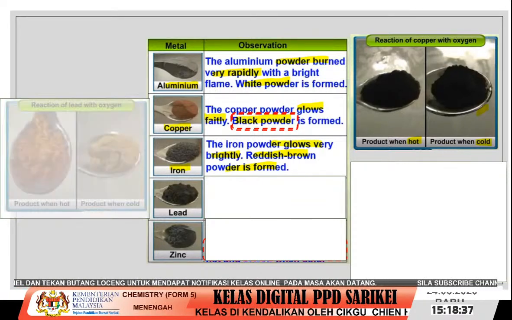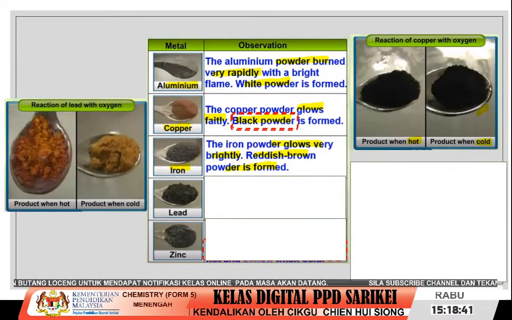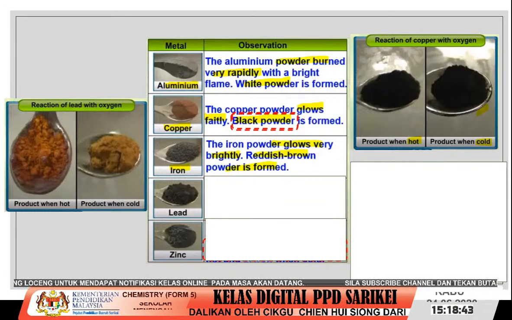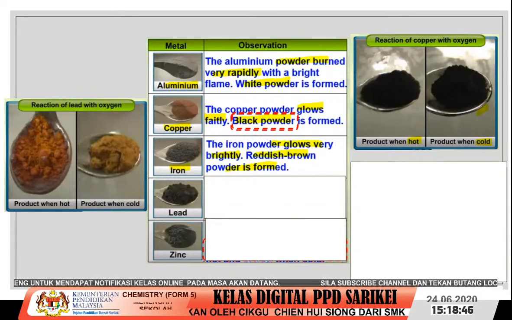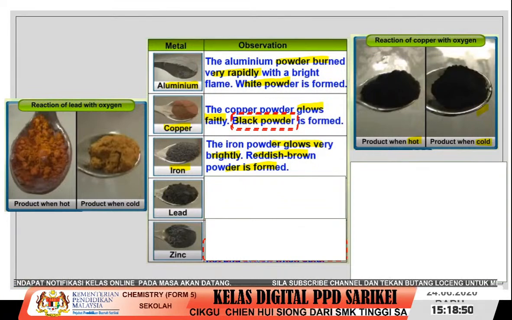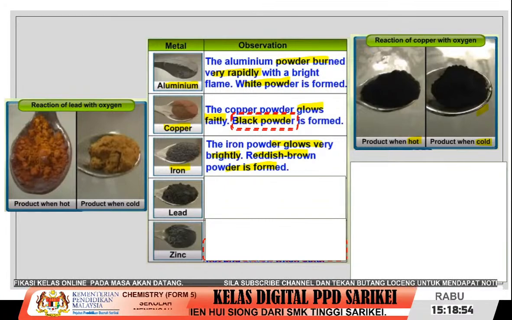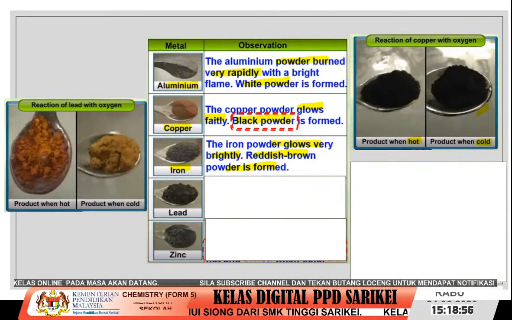And then lead. Okay, we look at the color. The initial color of lead is a dark gray solid. At the end of the experiment, the color of lead(II) oxide is brown when hot and yellow when cold.